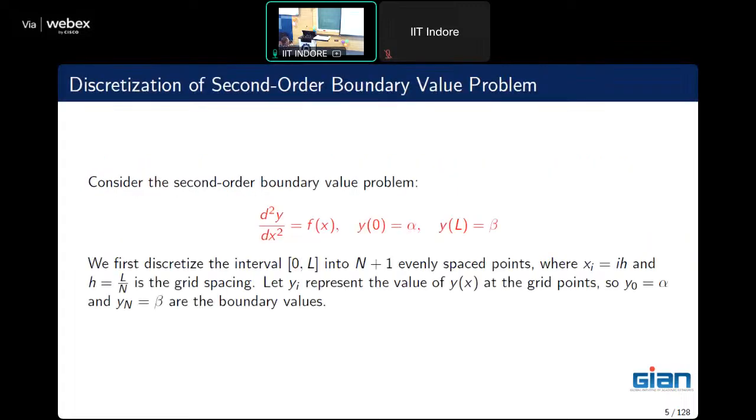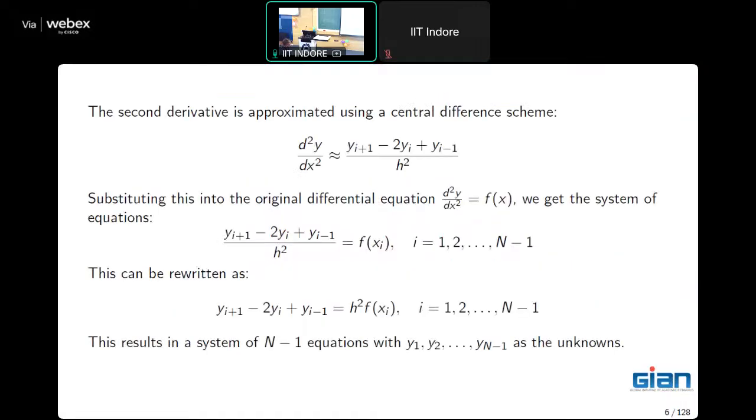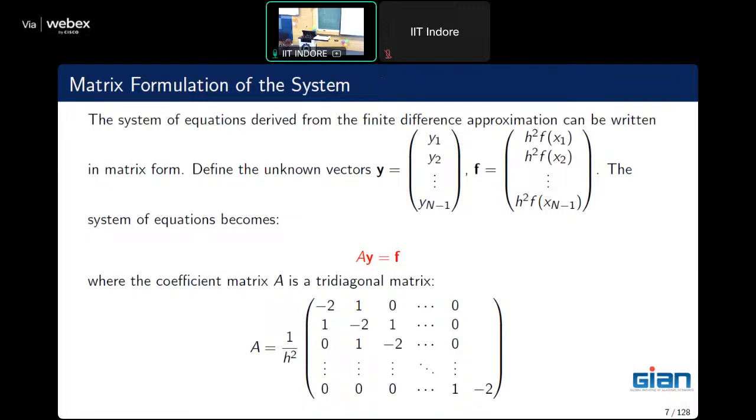Now, similarly, you just take this. If you do this by discretizing the interval 0 to L, with n plus 1 evenly spaced points, where x_i equals i times h, and the step length is of this form, and then you use this difference scheme, after this you will be getting a tridiagonal matrix. Okay.